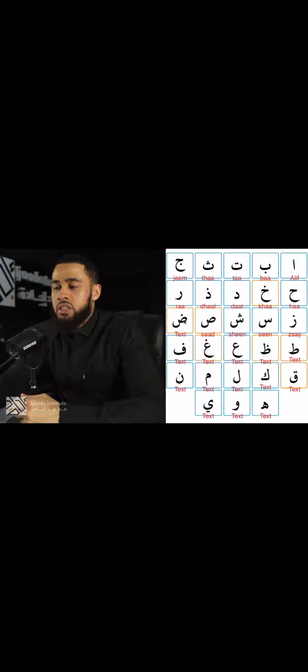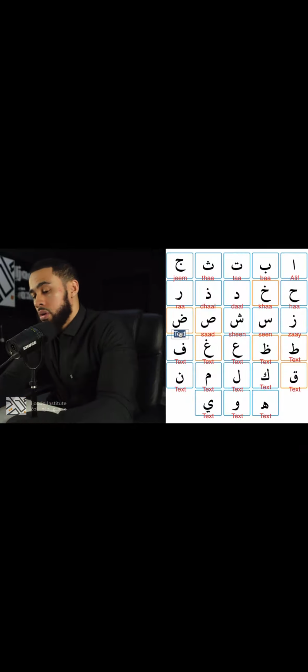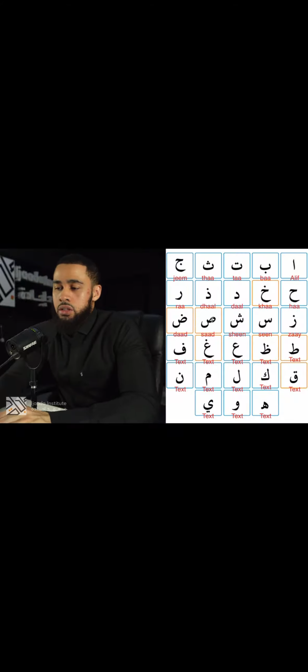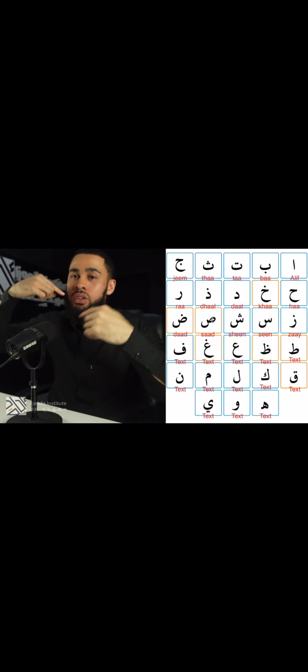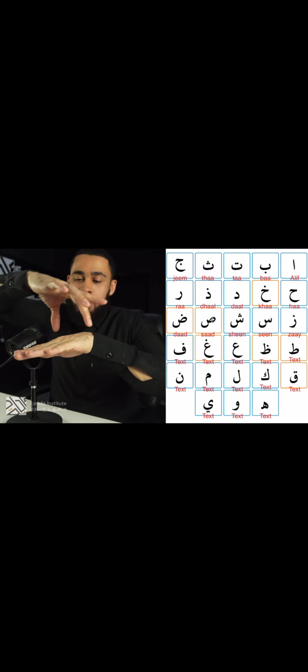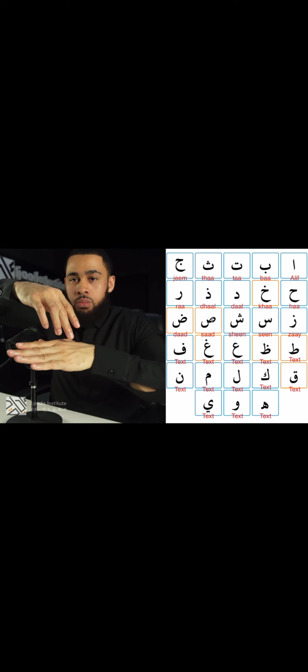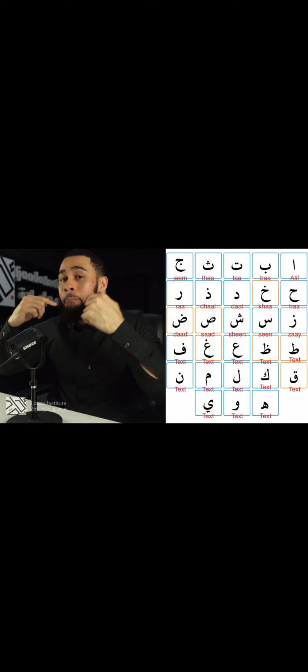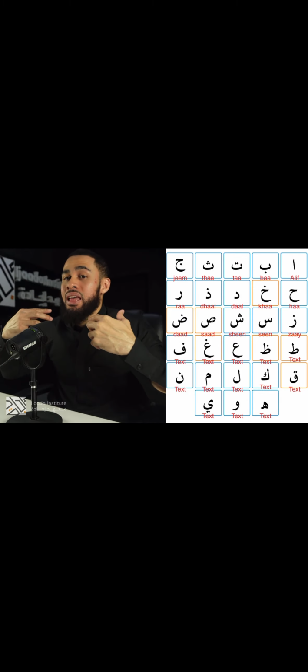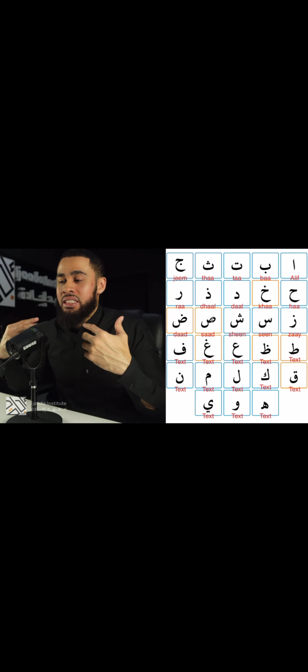Now we have the same shape but with a dot on the top. And this is Lod. Now, Lod is the hardest letter to pronounce. But in short, you have the back side of your tongue at the back. Some people use both sides at the back. Some say you can use one side, and that touches the back teeth at the top and pronounces that.